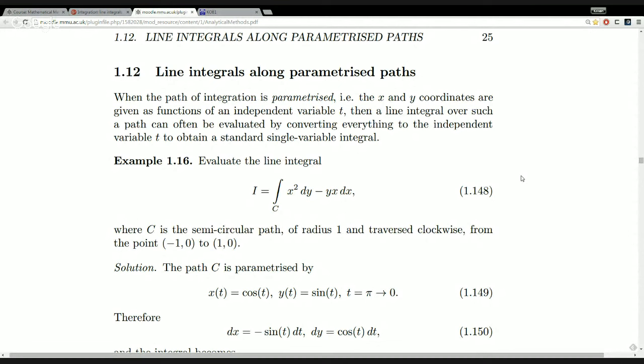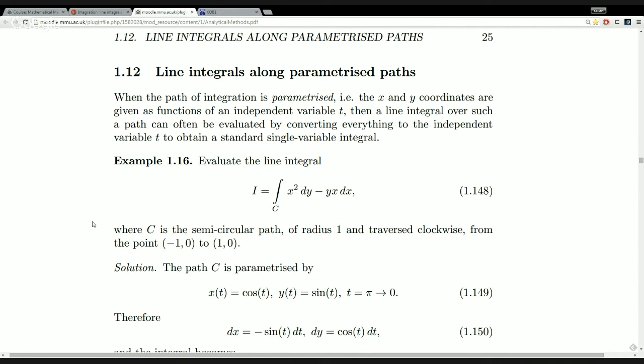So here we're integrating along a certain curve C, this linear differential form. And the curve C, we're told, is the semicircular path of radius 1 traversed clockwise from (-1, 0) to (1, 0). Well, that's worth a diagram. So it's example 1.16.